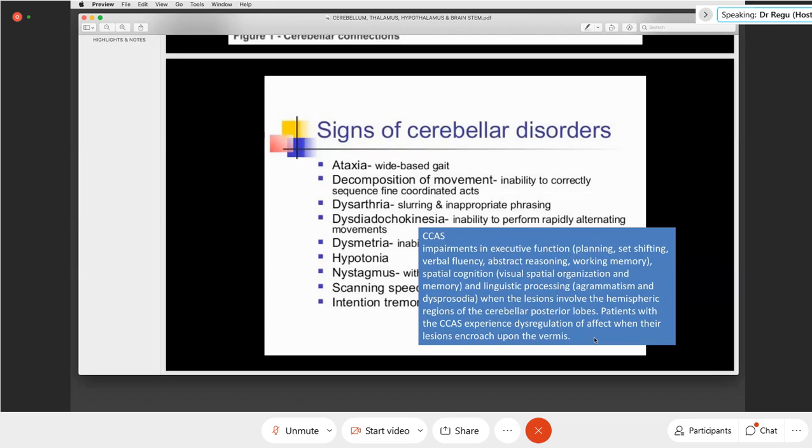Just for you to know. But essentially, going back to this, these are the core signs of cerebellar disorders, which I'll also cover in the lecture.